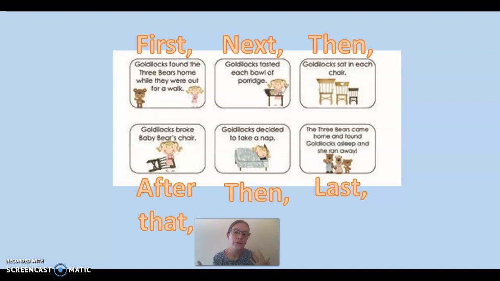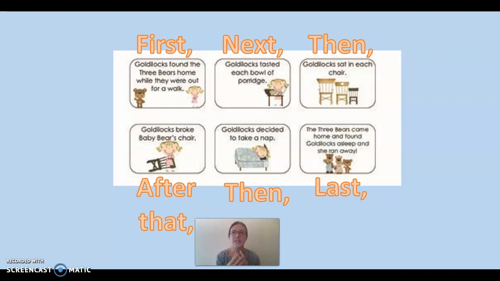Remember, one was too soft, one was too hard, but one was just right, and then it broke. So after that, Goldilocks broke Baby Bear's chair. Then Goldilocks decided to take a nap in the bear's bed. And then last, at the end of the book, the bears came home and found Goldilocks asleep, and she ran away all the way out of the house.